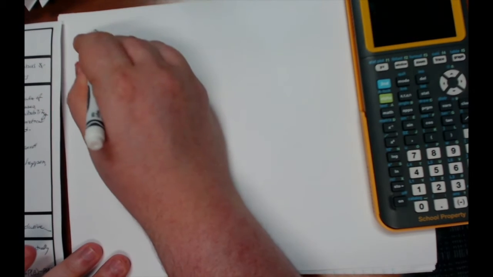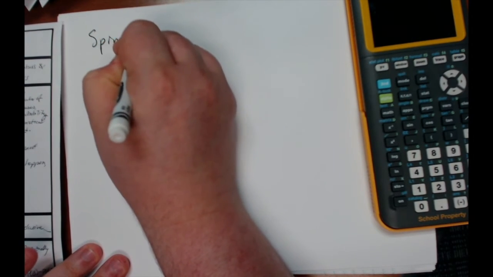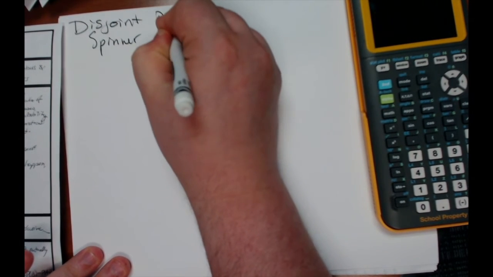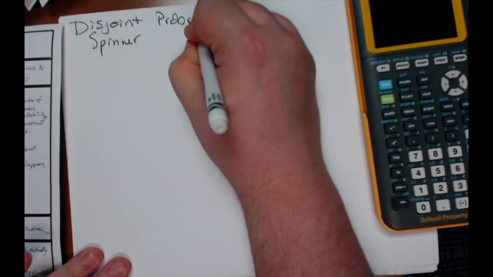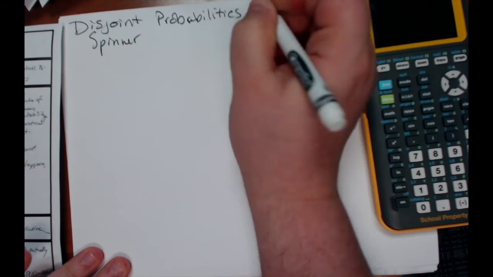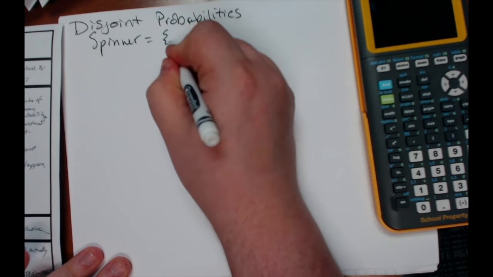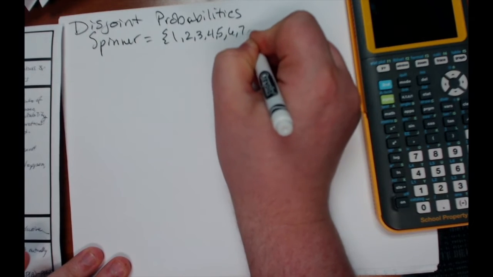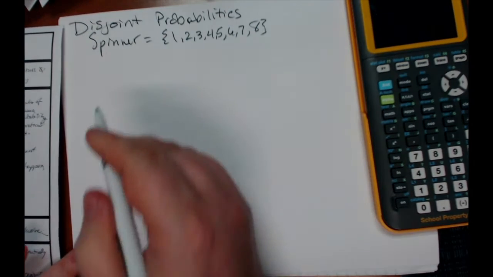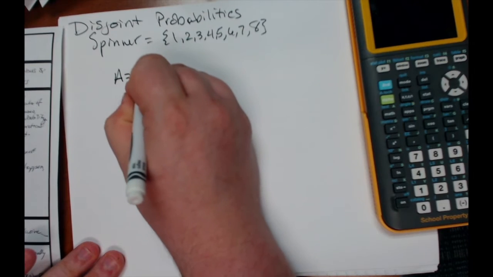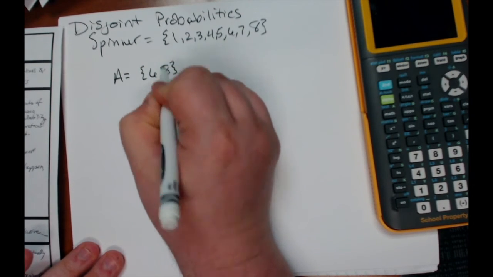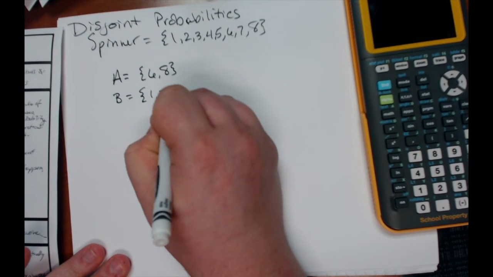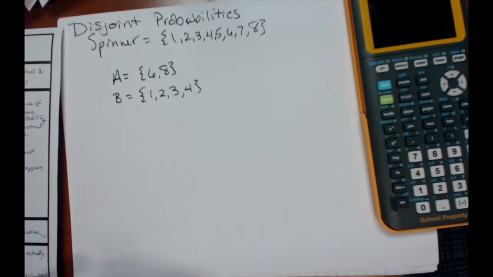So let's look at another spinner. And this is to look at disjoint probabilities. So now my spinner is going to have the numbers 1 through 8. And I'm going to say let A be the event that we get a 6 or an 8. And let B be the event that we get a 1, a 2, a 3, or a 4.